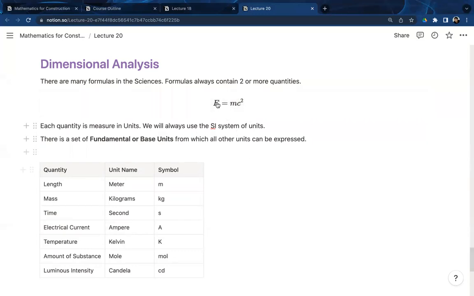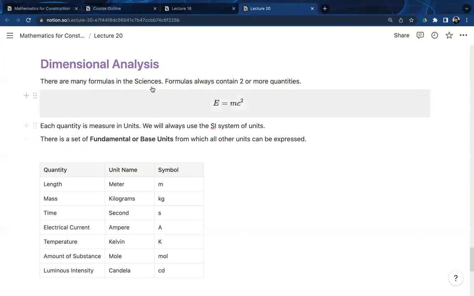But what's the unit for E? E is energy. Energy is measured in joules. That is a derived unit. That's not a fundamental unit. That is a unit derived in terms of the fundamental units. So if E is energy in joules, we're going to figure out what the dimensions of energy are based on the fundamental dimensions here. But the right hand side better be energy too. It better be broken down to the same units as what energy is, right?